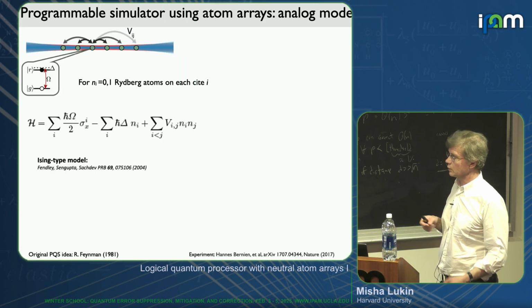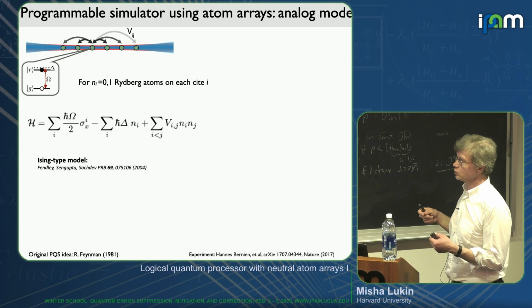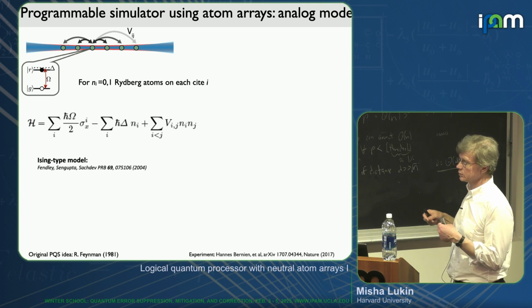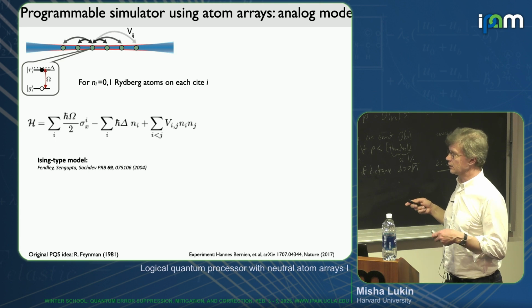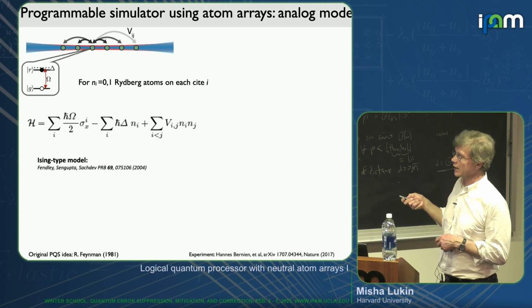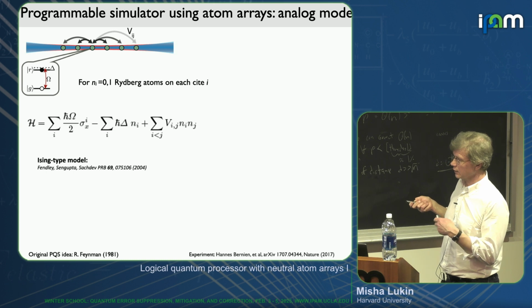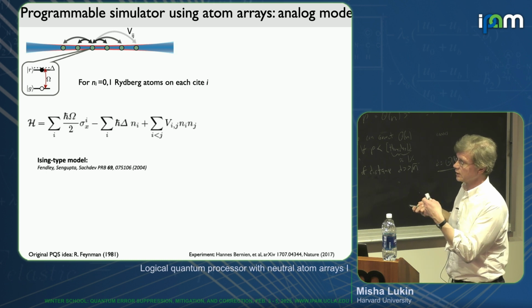You can also think about using this system as a programmable simulator of spin models. The simplest idea is that you can just start with a line of atoms. And then there's a Hamiltonian which describes these atoms. This Hamiltonian has a Rabi term, which acts effectively as a transverse magnetic field.